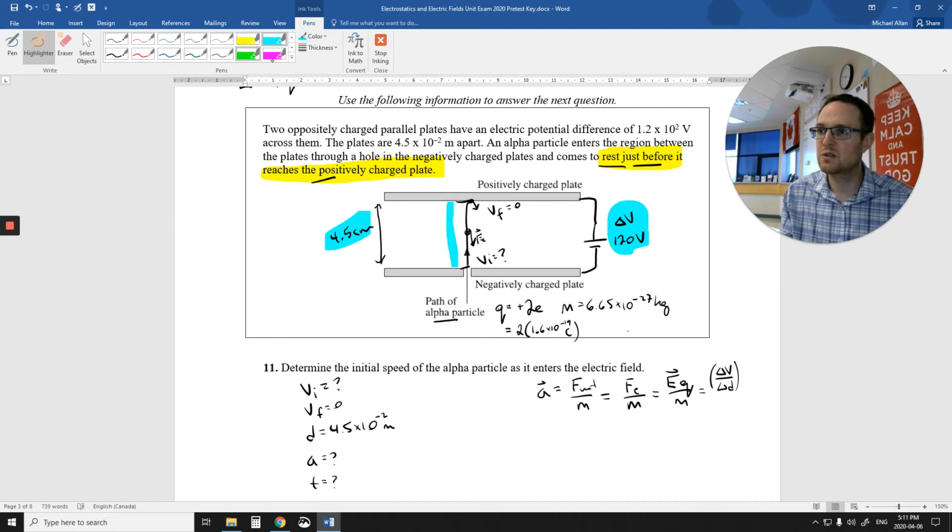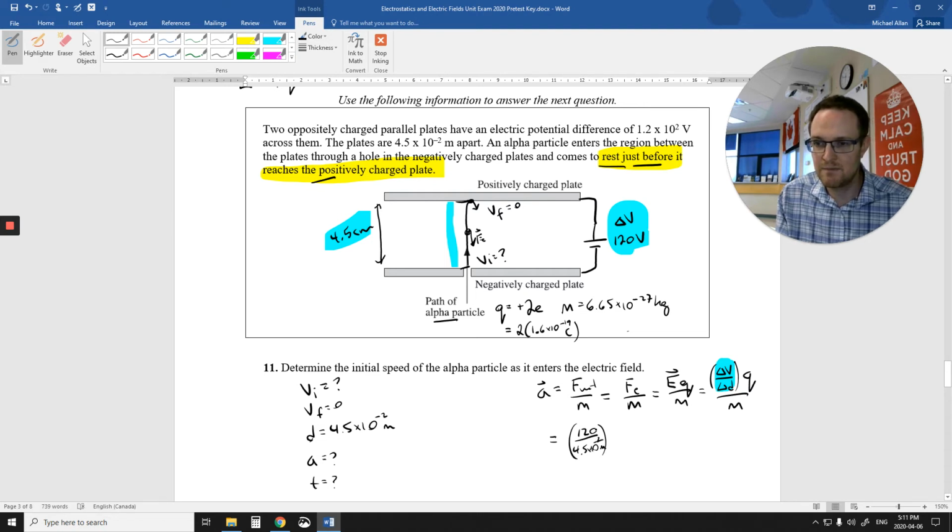So I'm going to use those two numbers together, times my Q divided by my M. In the brackets, I'm going to have 120 volts divided by 4.5 times 10 to the negative 2 meters, times my charge, 3.2 times 10 to the negative 19 coulombs, divided by my mass.